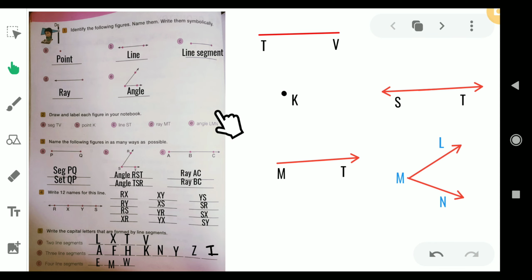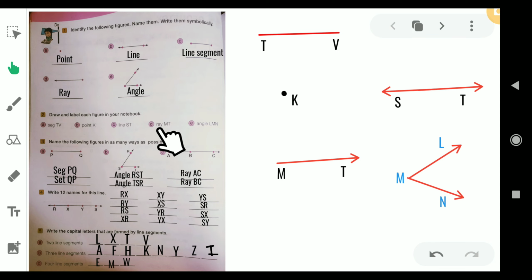First we draw a point like this and name it by any letter of the English alphabet. So it is K. Next it is line ST. A line means it has no end points, so both ends can be extended infinitely. So we draw a line like this, and we take any two points on the line and name them by English capital letters especially. So ST is a line, K is a point, and TV is a line segment.